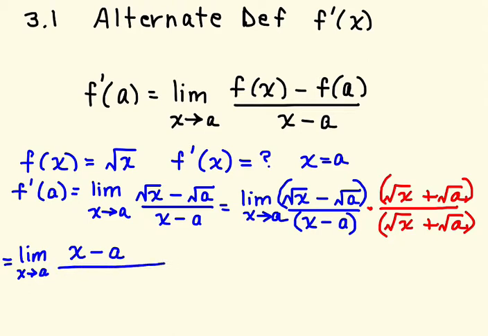And then on the bottom, if we FOIL this out, we should get, let's see, x times the square root of x is x square root x. X times the square root of a is x square root of a. A negative a times the square root of x is a negative a square root x, and a negative a times the square root of a is a negative a square root a.